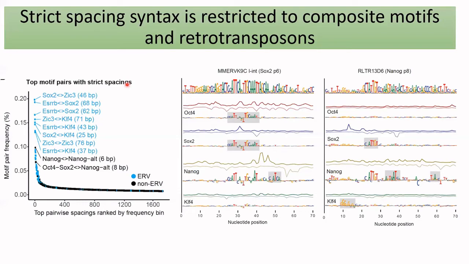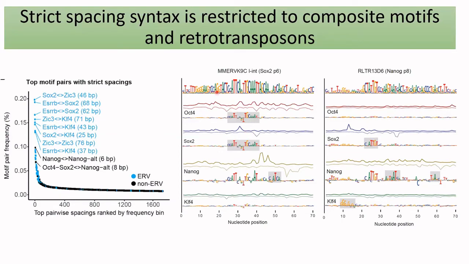One is composite motifs from actual heterodimers, and the other is basically artifacts of, not artifacts, but effects of background sequence. Retrotransposons, as you know, have exactly the same sequence at multiple positions in the genome. The TFs are in fact binding those positions, and so you can get a fake signal of strict spacing, which is actually simply an effect of the retrotransposon background sequence.